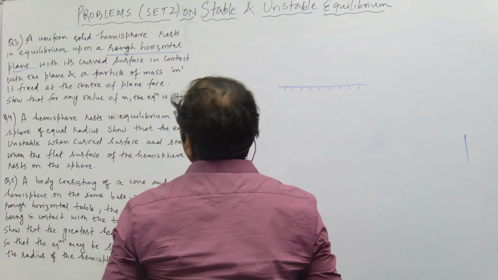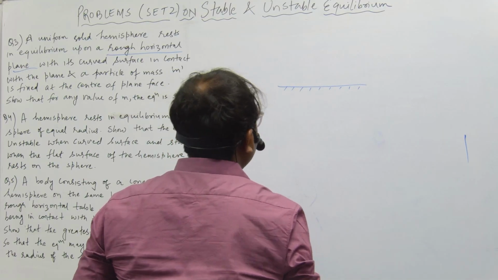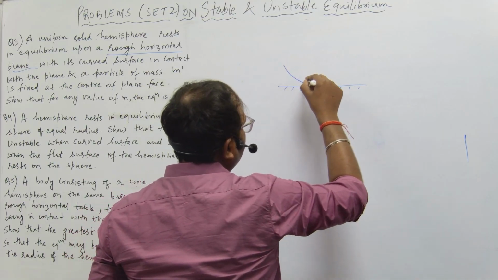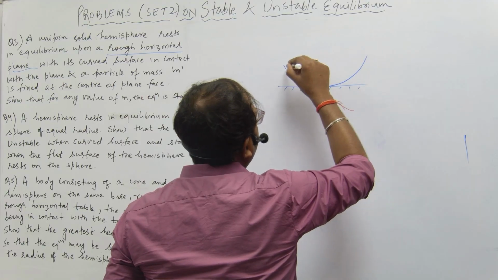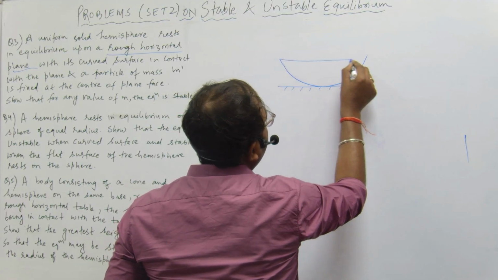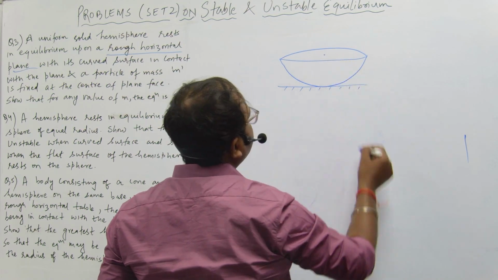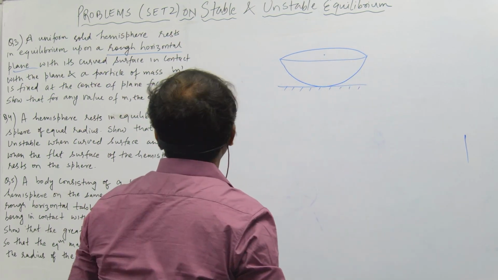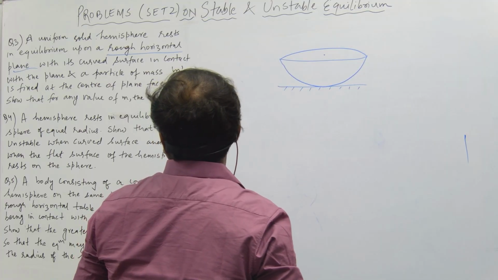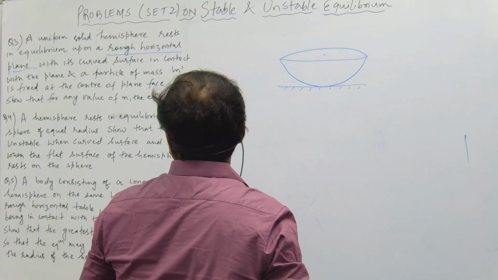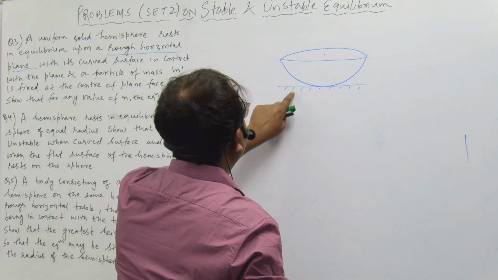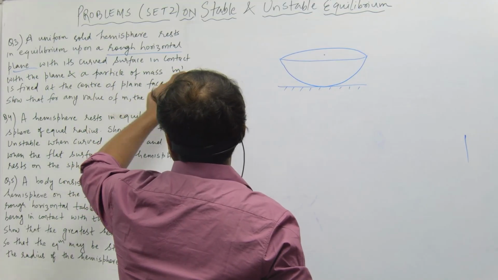And a uniform solid hemisphere. So let us draw the hemisphere. This is our hemisphere, and a uniform solid hemisphere rests in equilibrium upon a rough horizontal plane, with its curved surface in contact with the plane.